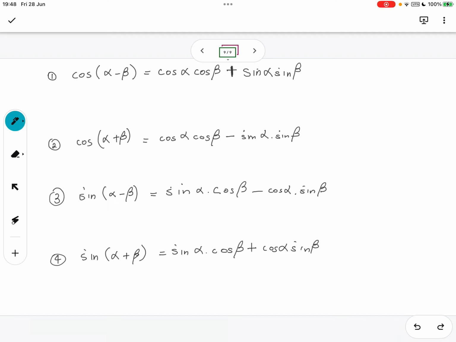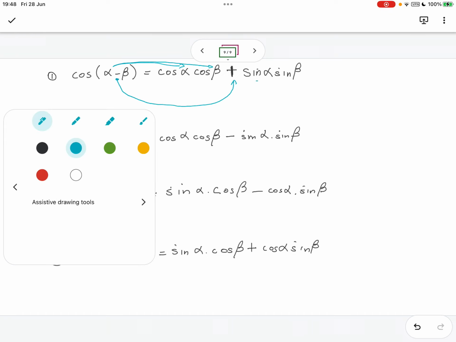All right. So here, the sign is negative, but you convert it to positive that side, and you start off with cos of alpha, and then you go cos of beta, and then you do the same for sine post this operation sign.